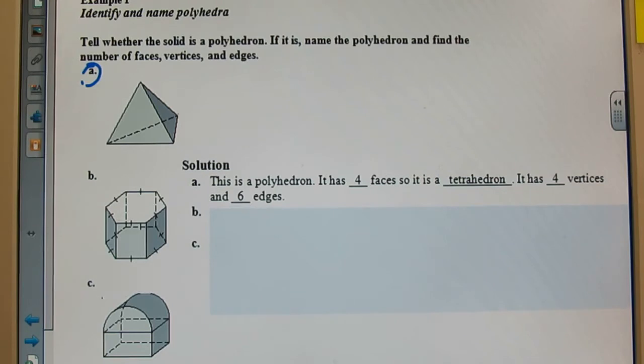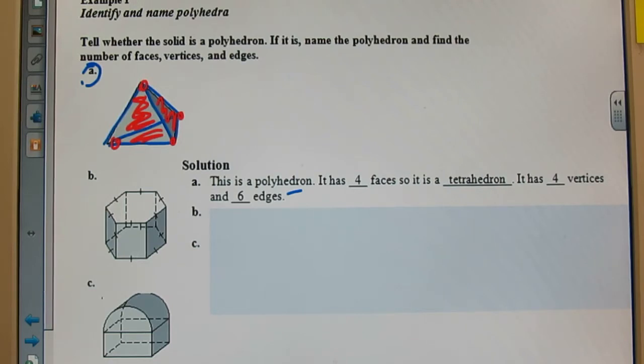Remember, the edges are right along here: 3, 4, 5, 6. The faces: 1, 2, 3, and then the back one is 4. And the vertices are just where they come together: 1, 2, 3, 4.